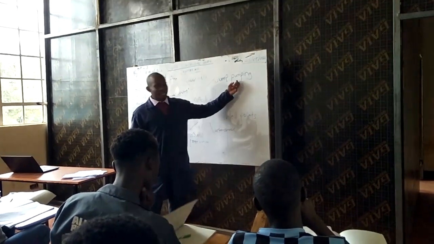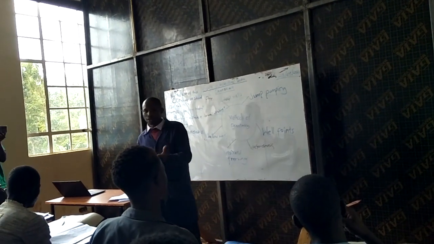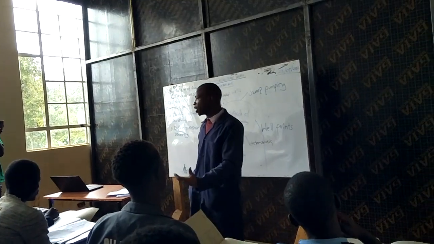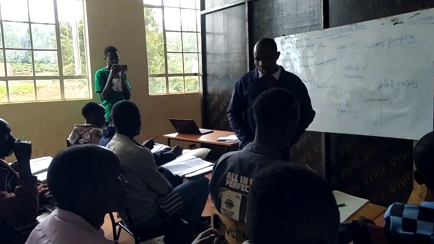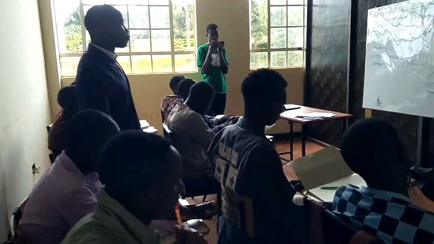The way the name itself suggests is the use of what? Pumps. We can use those pumps so that we get water off the trenches so that we can continue with our excavation. Yeah, that is right.